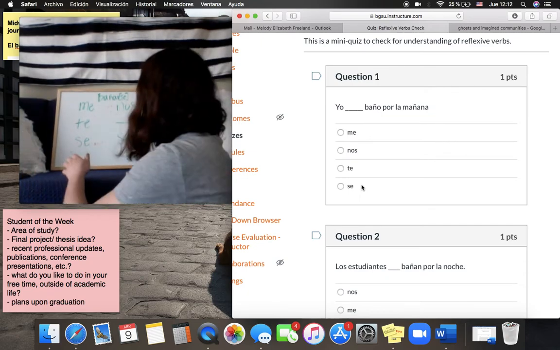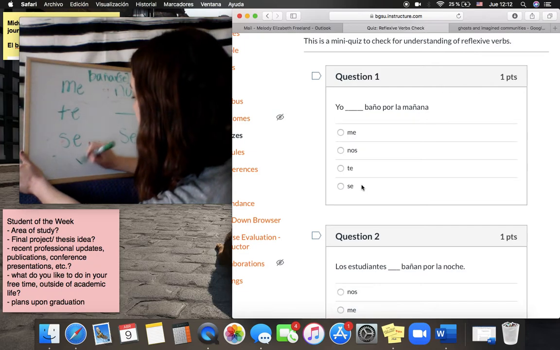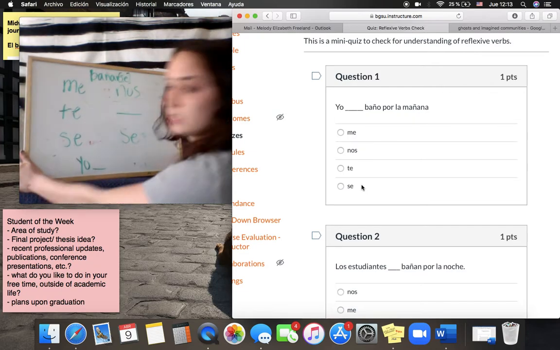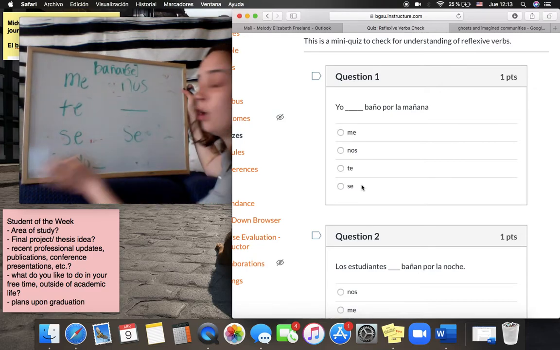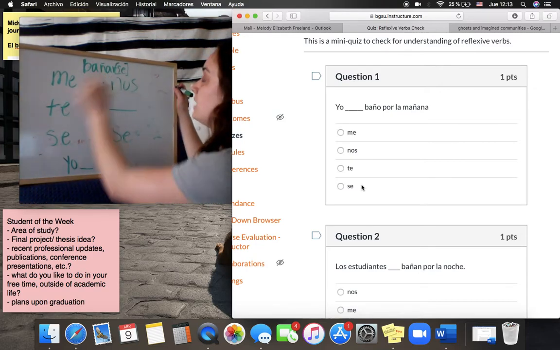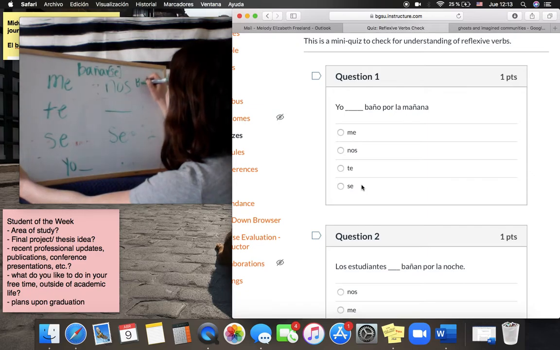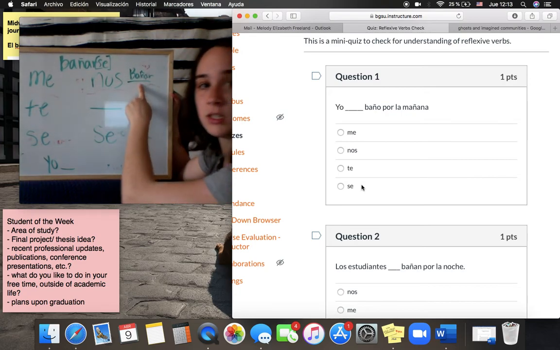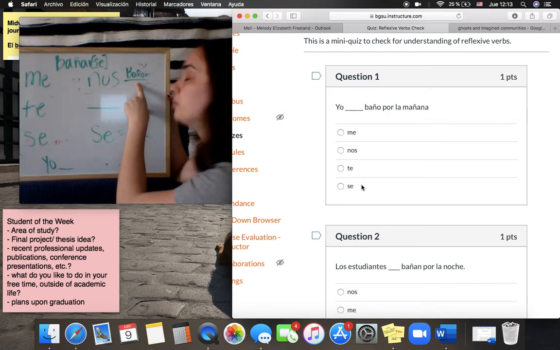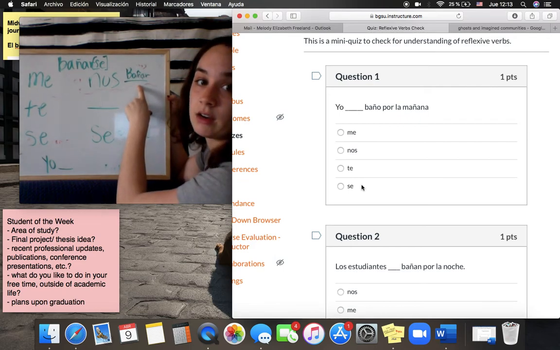Yo, leave a space for whichever of these we need to put in. Yo, blank. If I'm saying bañar, first thing, is this a stem changing verb? Is this one of the stem changing verbs that we see in our chapter? No, it's not. It's not on our list.